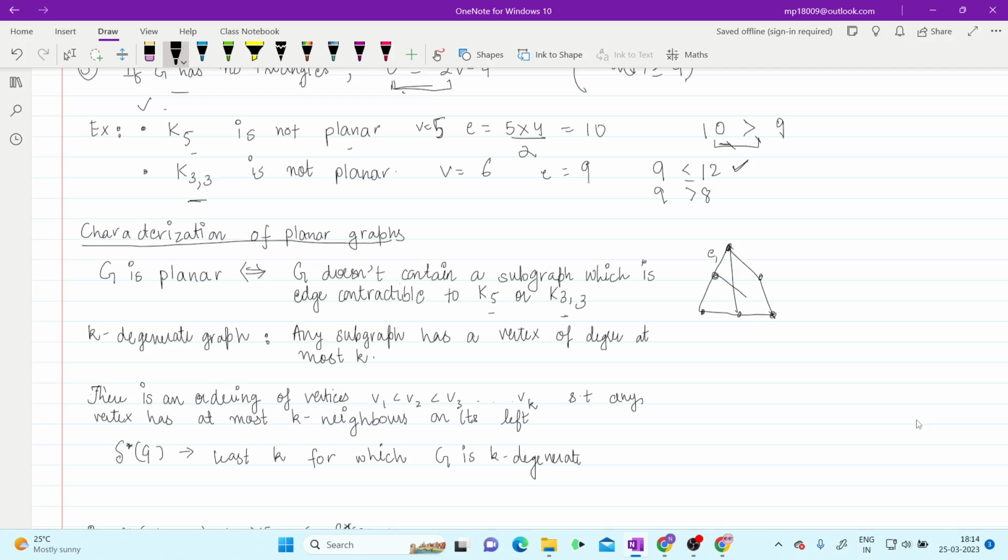So V1 and V2 will become the same vertex, and all the edges which were going from V1 and V2 now will go from V1. So this edge is contracted. After contracting E1 we'll have a graph like this.